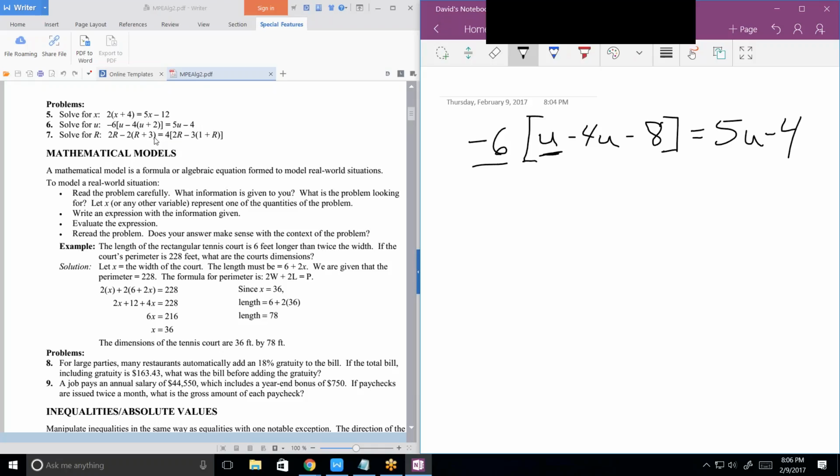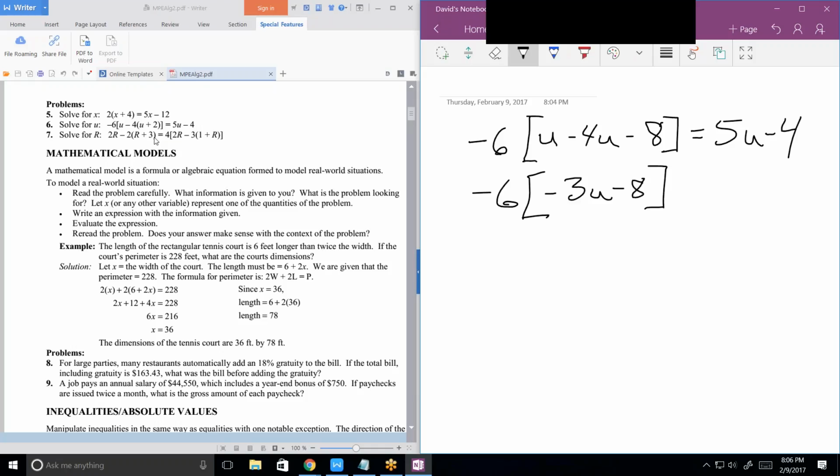Hold on. So all you're doing is multiplying minus 6 times. Oh, I see it. Okay. Yeah, I was behind you there. I forgot. In other words, you combine those. So let's make the next line this. Minus 6 times minus 3u minus 8.